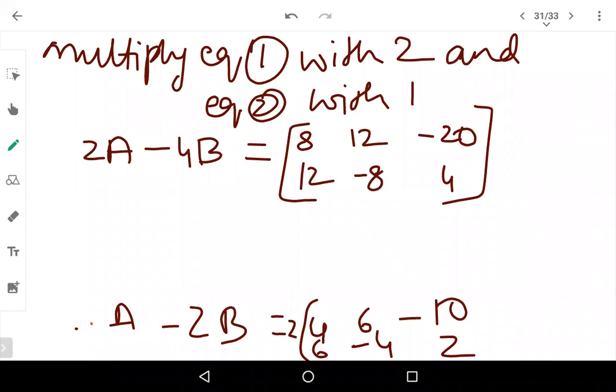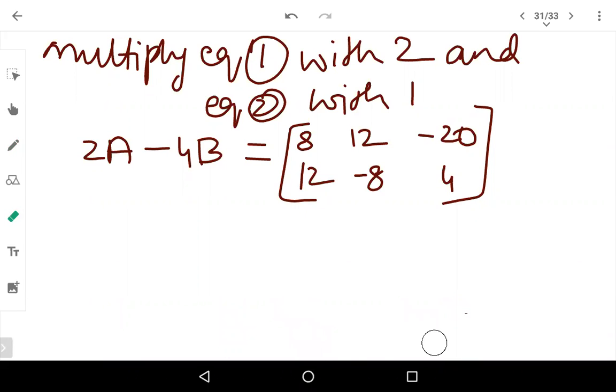This is the value that I get as the first equation.